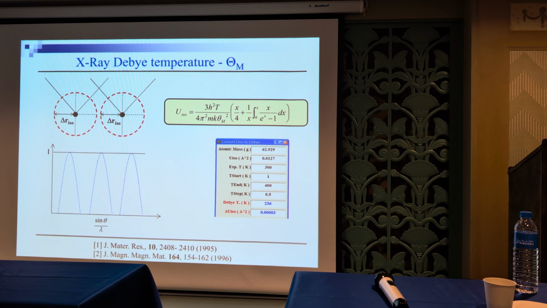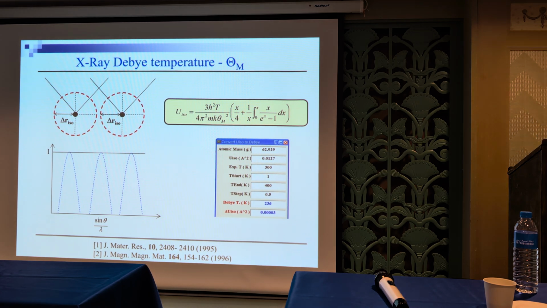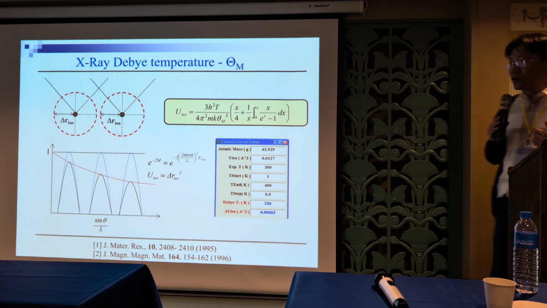So the final effect of the Debye-Waller factor or thermal factor will change your intensity from this one to this one. So what does that mean? That means your intensity will reduce at high angle.